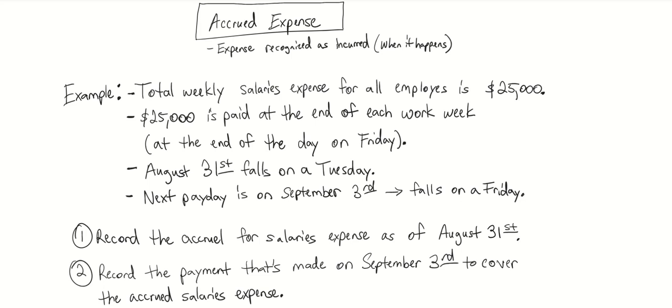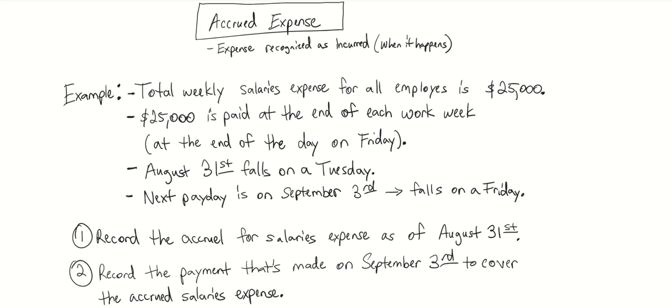For example, those of you that actually work a job, when you work, you are normally working for 2 weeks, let's just say, before you get paid. Those 2 weeks that you've worked, the company has to actually report the expense in their books.